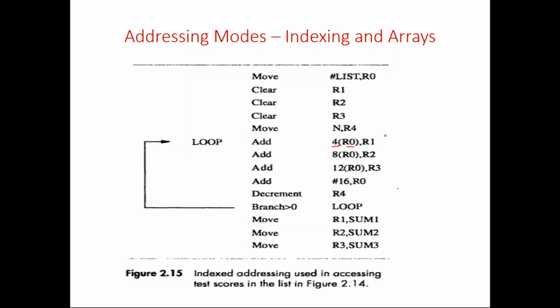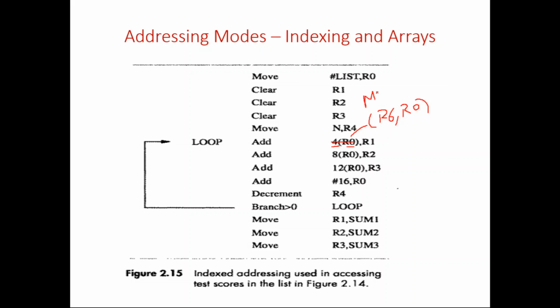Here you can see one is a constant and one is a register. But if you modify this instruction and write R6 comma R0, what does it mean? R6 will be added with R0. R0 is 1000 plus R6, so R6 should contain 4.